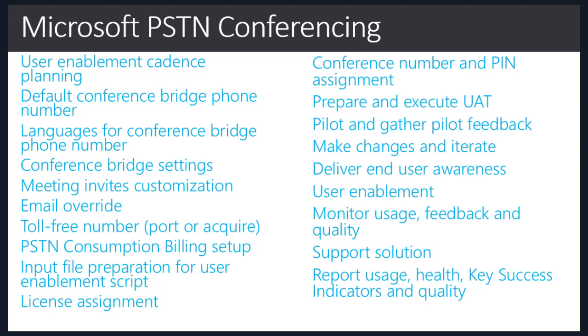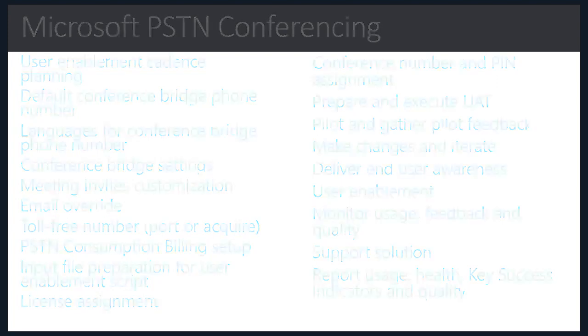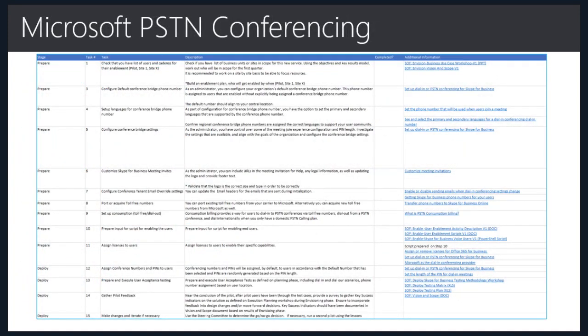And in addition, there are monitoring of usage, feedback, and quality, tasks around supporting the solution, and also reporting of usage, health, and key success indicators and quality. Again, this is the example, and you, as the workshop facilitator, will need to go through the tasks with the participants one by one.